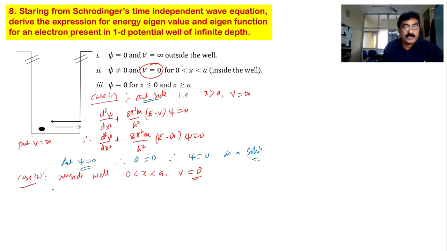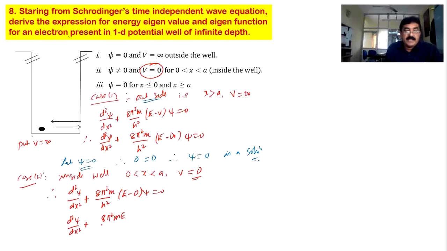Therefore the Schrodinger wave equation, d square psi by dx square plus 8 pi square m divided by h square into (E minus V), in the place of V I write 0, into psi equal to 0. So this becomes d square psi by dx square plus 8 pi square m E divided by h square psi equal to 0.